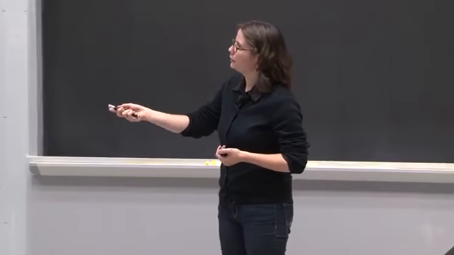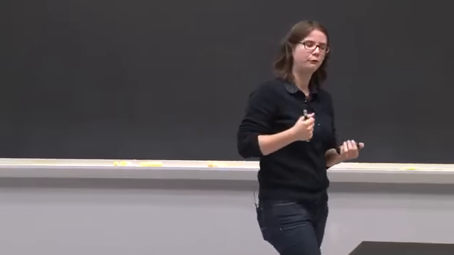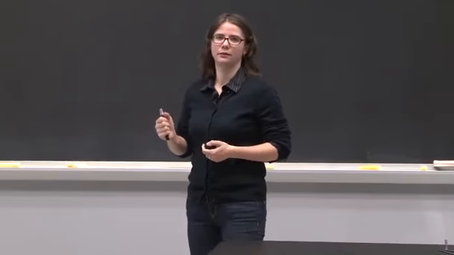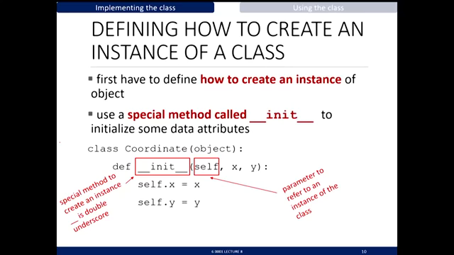So in the definition of the class, whenever you want to refer to attributes that belong to an instance, you have to use self dot, so this dot notation. And the dot is going to say, look for a data attribute x that belongs to this class. Okay.